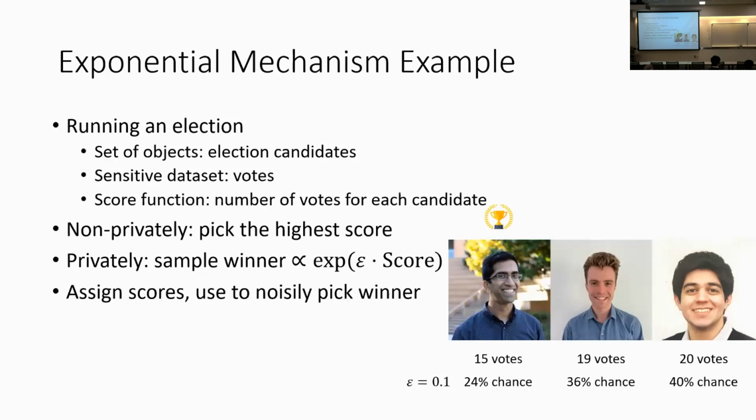And there's also a way to view this as an equivalent thing: compute the scores for everyone, add Gumbel noise to their scores, and then pick the thing with the highest noisy score. That's called the Gumbel max trick, if you're familiar with it. So you can kind of view this as a noise addition thing, and they're equivalent in some weird way that is still a little bit arcane to me, but yeah.